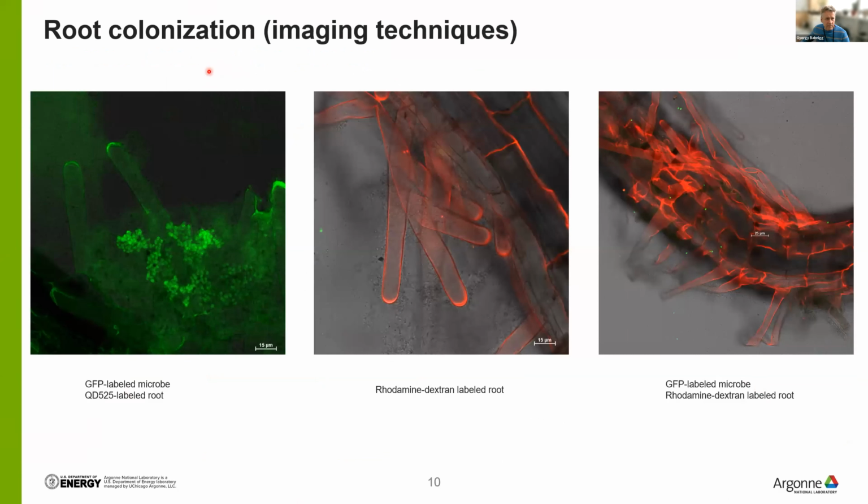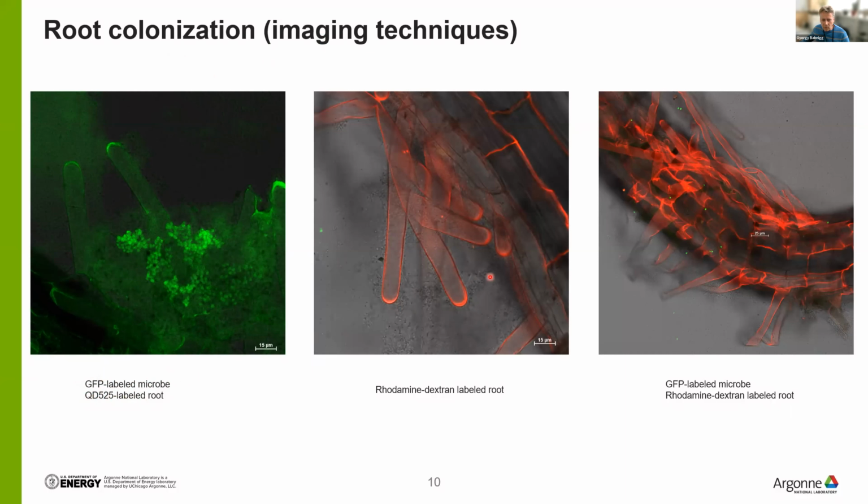We also looked at how we can image that root microbe interaction by staining the plant and microbe in different ways. Ken was talking about this. So here we did GFP, so that's the fluorescent protein labeled microbe as they colonize the plant, and then we use quantum dot to label the plant root.